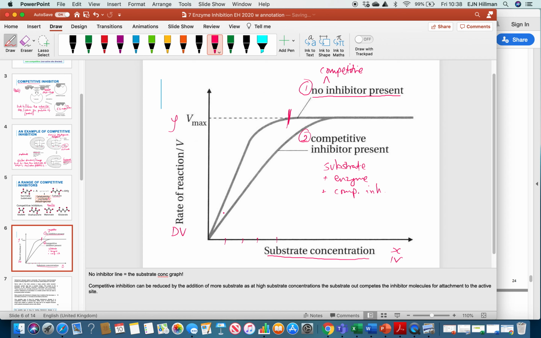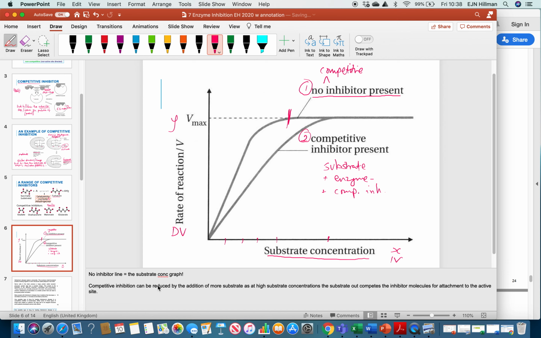Now, the reason for that is because the competitive inhibitor is binding to and blocking the active sites of some of these enzymes, and therefore that prevents the formation of an enzyme substrate complex, which slows down the rate at which the product can be formed. You may also notice, though, that by increasing the substrate concentration to a really high substrate concentration, it is possible to achieve the same maximum rate of reaction.